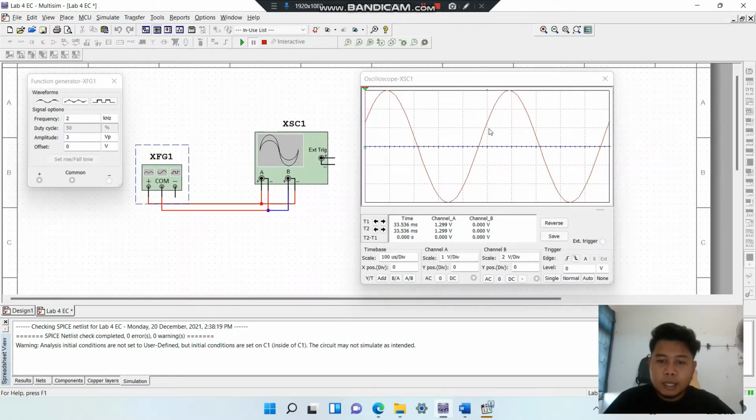So 3 multiplied by 1, so the VP will become 3 volt. And for the VPP, it has 1 2 3 4 5 6. The vertical distance is 6, and the vertical setting is 1. So 1 multiplied by 6 will become 6 VPP. All right.